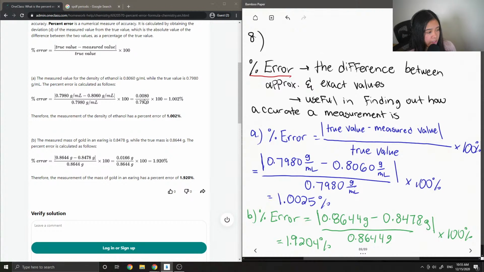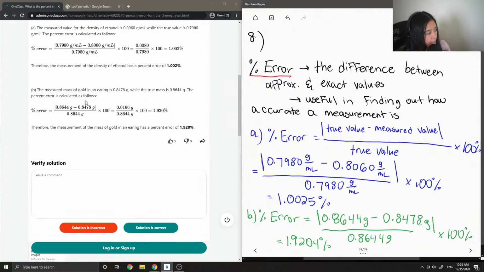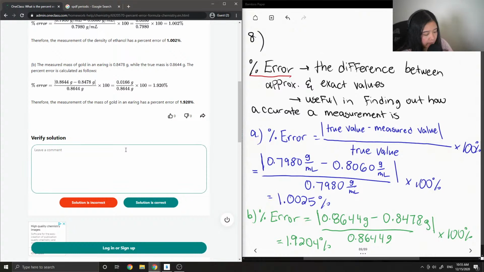So they took the positive 0.008, divided it by 0.7980, and got 1.002%. And for part B, they got 1.920%. Yep, so this solution is correct.